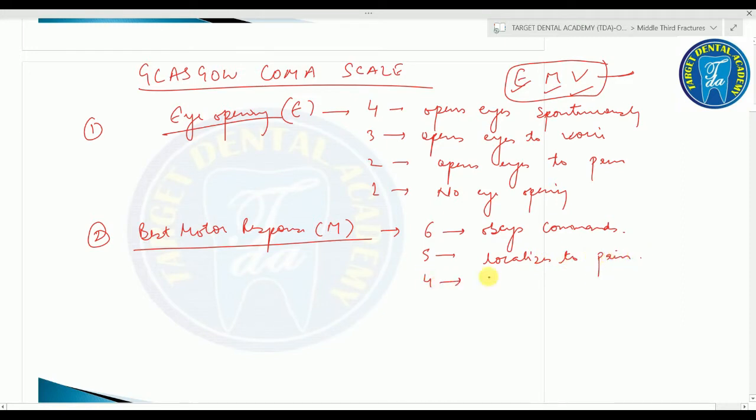Fourth scale suggests that it withdraws to pain. Third scale, abnormal flexor response. Second, or scale number 2, is abnormal extensor response. 1 is when there is no movement.